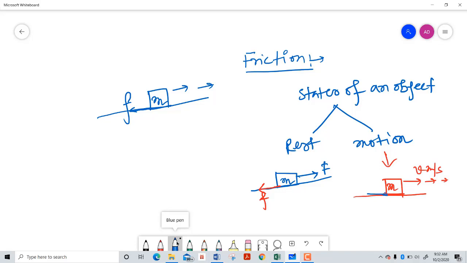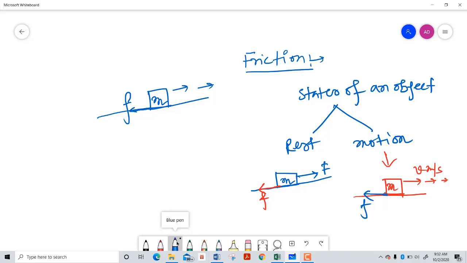The friction force is represented by f over here. In both of the cases we have seen that the friction force is always in the opposite direction of the motion of an object.